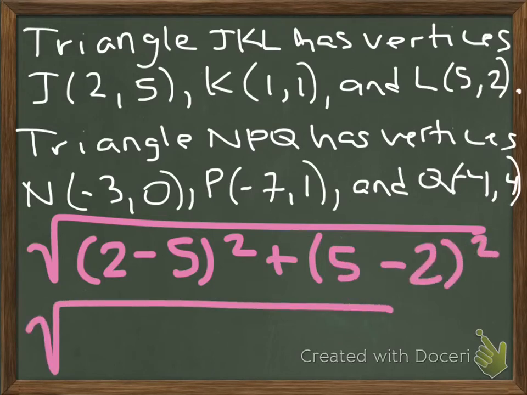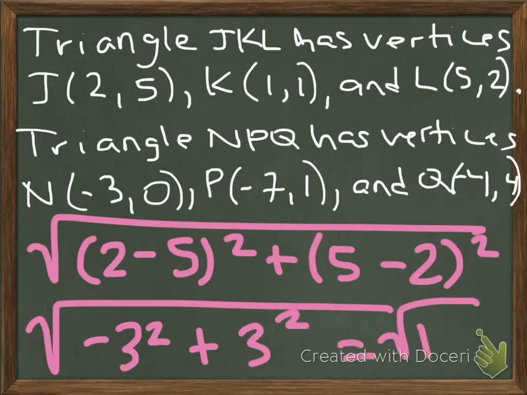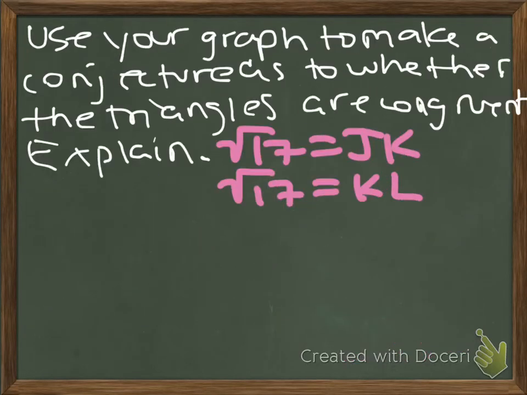That gives me 2 minus 5 is negative 3 squared, plus 5 minus 2 is 3 squared. That gives me 9 plus 9, or the square root of 18. And that's going to give me, for JL, the square root of 18.